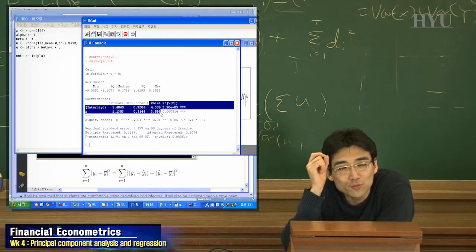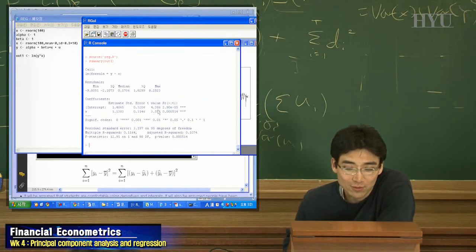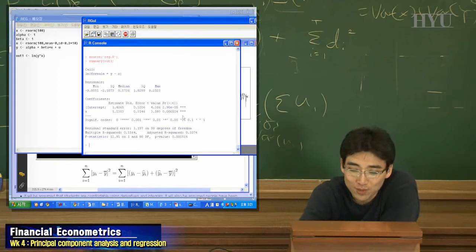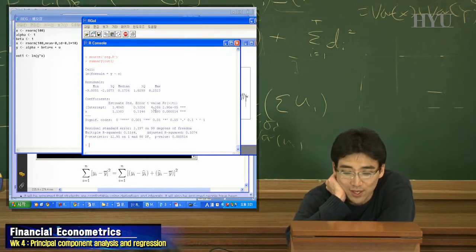So assuming our null hypothesis in which alpha and beta are 0, this is the t value for that. The t value about the intercept is 4.38.